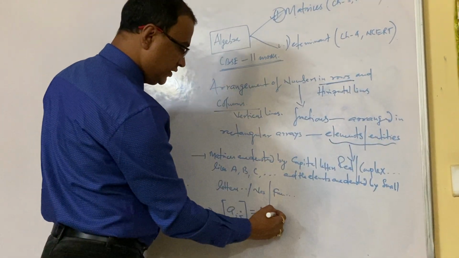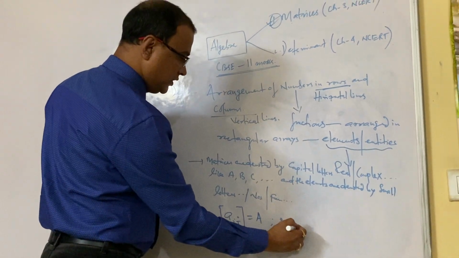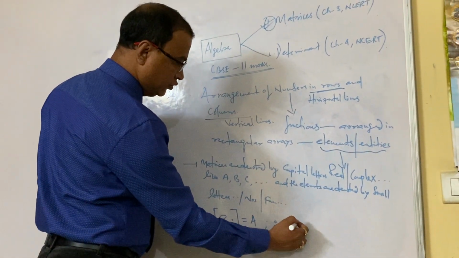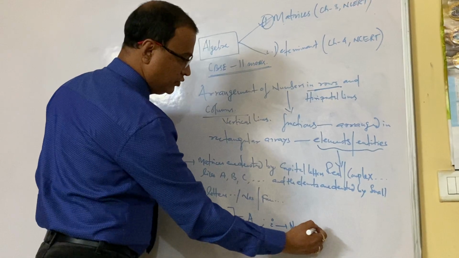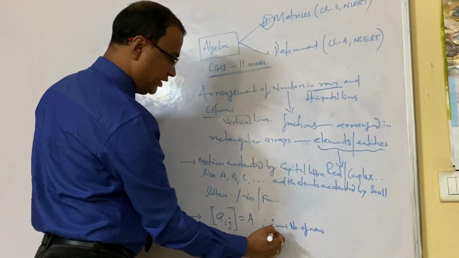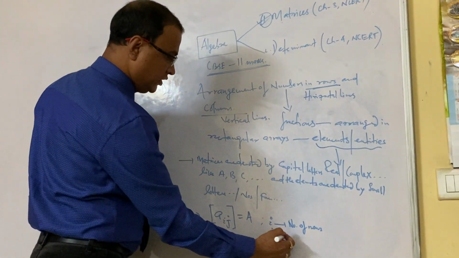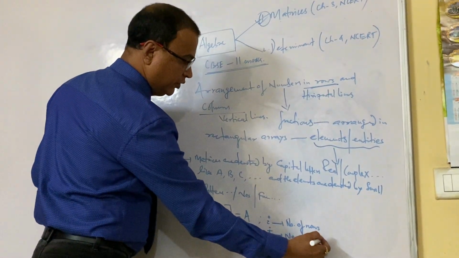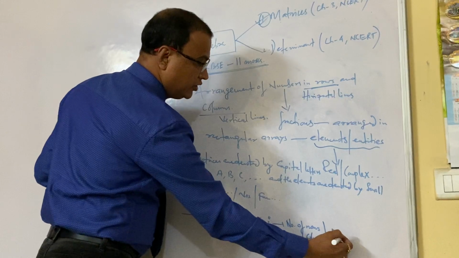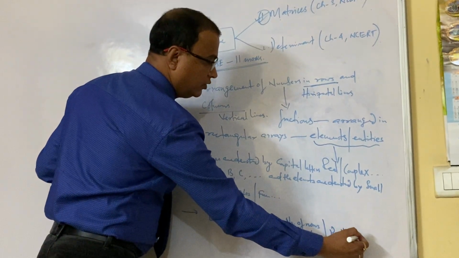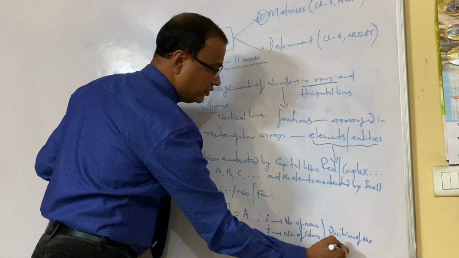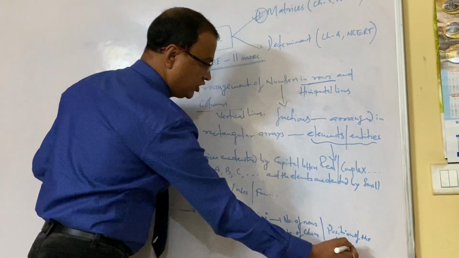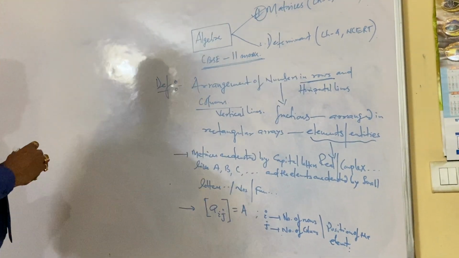Here i indicates the number of the row of the element, and j indicates the number of the column of the element. Indirectly it is indicating the position of the element.